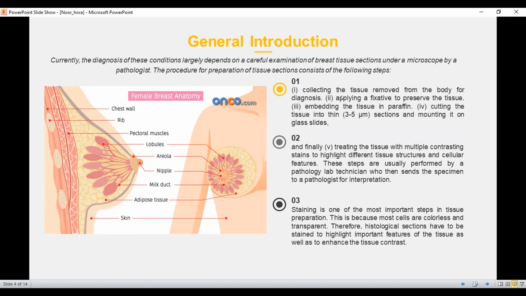One, collecting the tissue, removing it from the body for diagnosis. Two, applying a fixative to preserve the tissue. Three, embedding the tissue in paraffin. Four, cutting the tissue into thin 3 to 5 micron sections and mounting them on glass slides. And finally, treating the tissue with multiple contrasting stains to highlight different tissue sections and colored features.